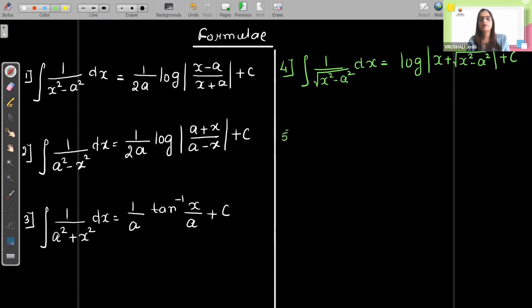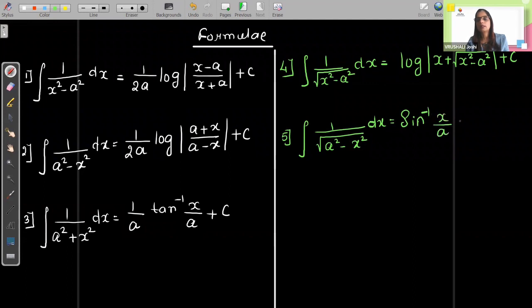Then fifth is what? It is integration of, यहाँ पे जो फॉर्मूला है उसी को रूट के अंडर ले लेंगे, करेक्ट. इट इज इक्वल टू रूट ऑफ a square minus x square dx, sorry. This is equal to sine inverse x by a plus c.